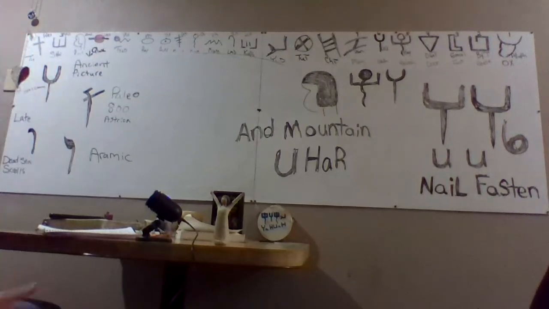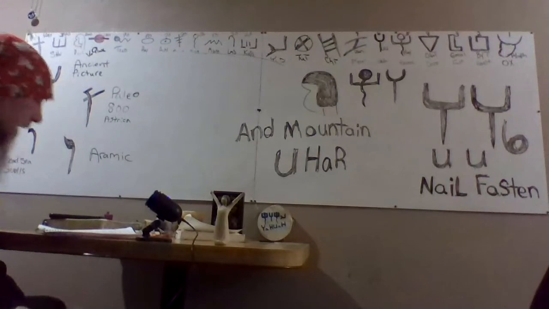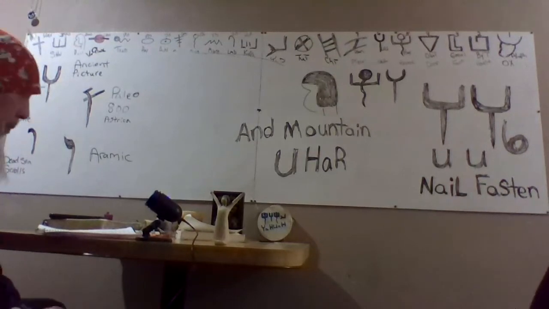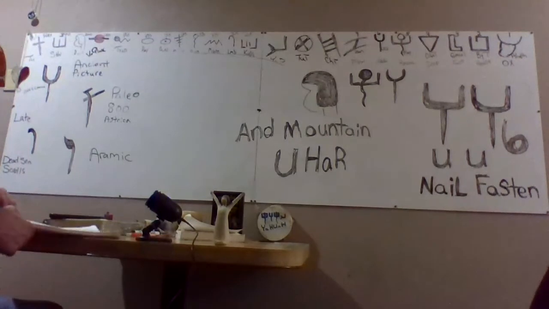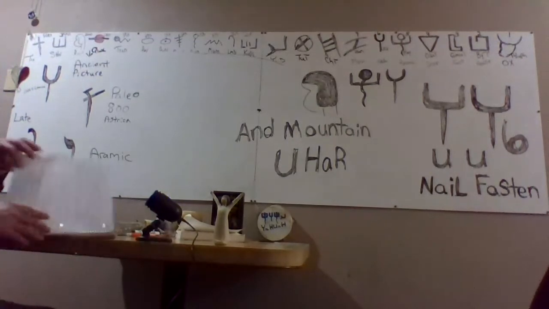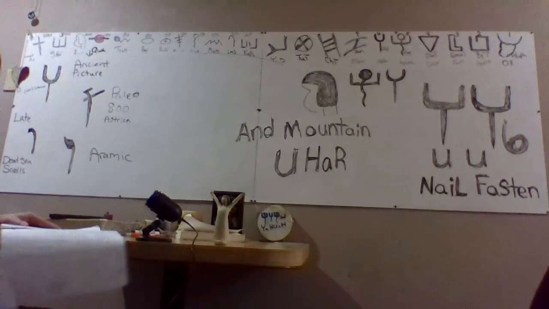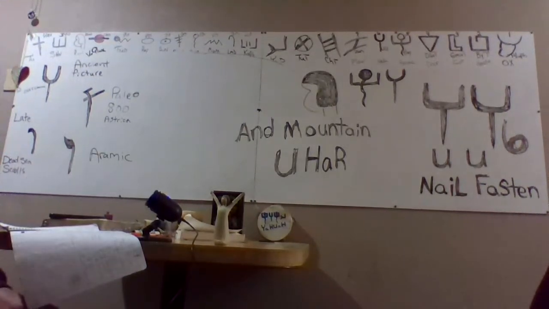There's some things here that we don't take into consideration. We have to really know the scriptures. We really have to understand what's going on here. But I want to step back and go back into Bereshit, Genesis 30 and 19.